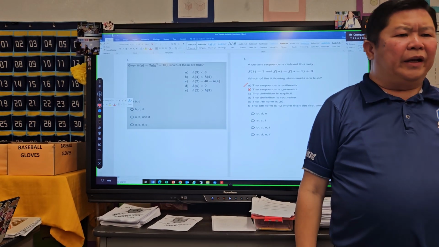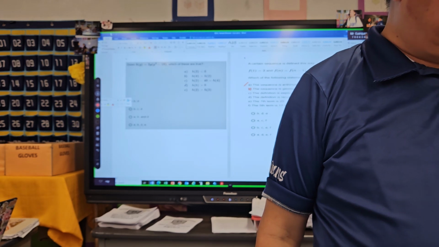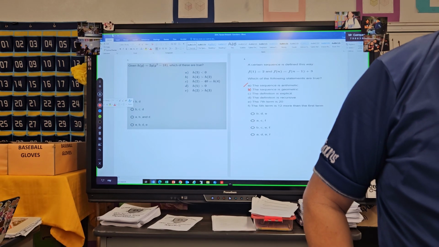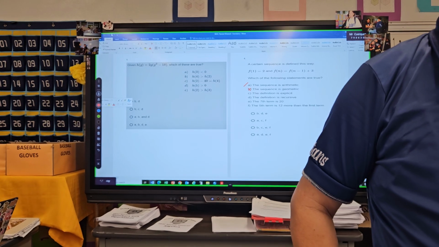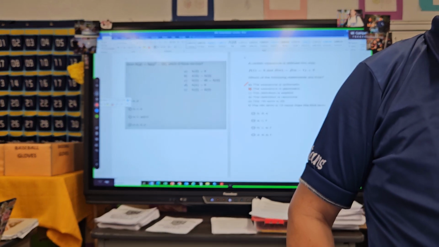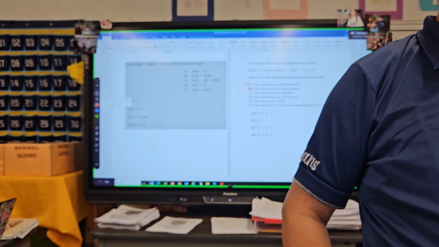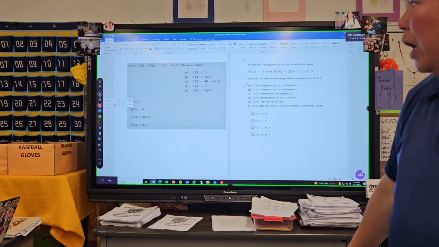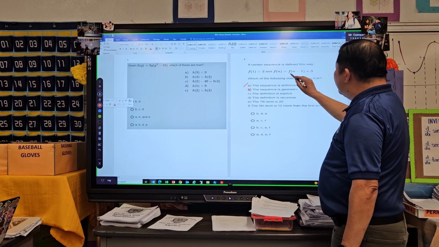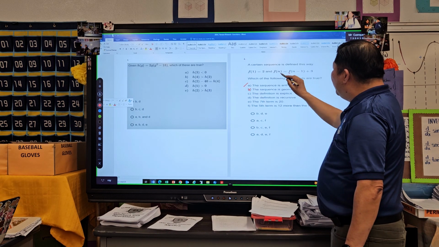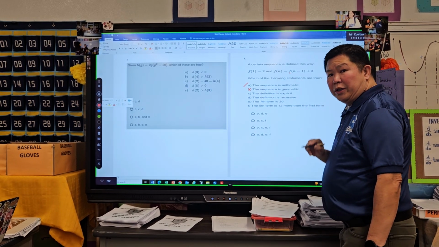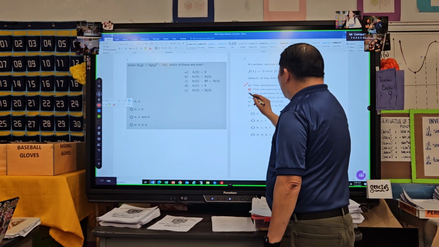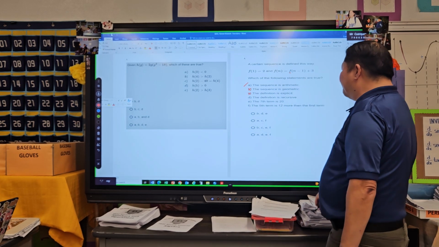An explicit formula defines the nth term of the sequence without referencing previous term. Now, because of this, we can say f of n minus 1, we are referring to the previous term, which is 2. So, this is not, again, a definition of explicit.